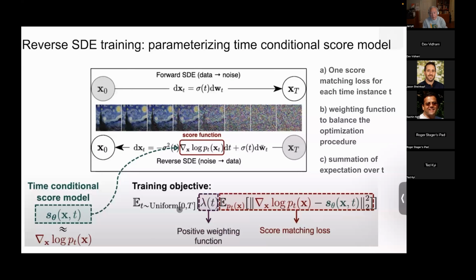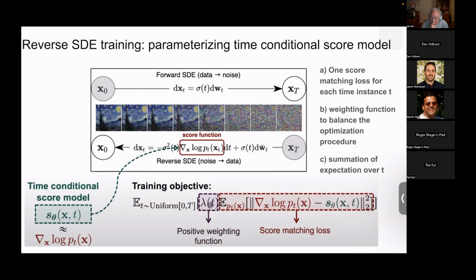For any time step picked randomly between 0 and uppercase T, we are trying to optimize for the score, which is the actual score of the data, the score at the time step T with this probability distribution, and the one that the model is predicting. And this is the objective function that we want to optimize for.